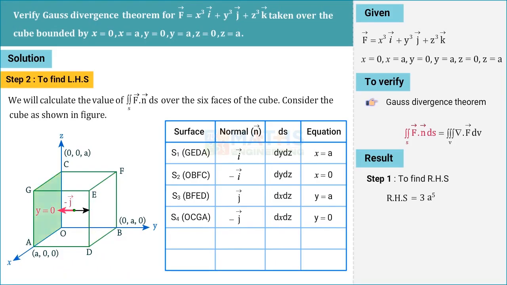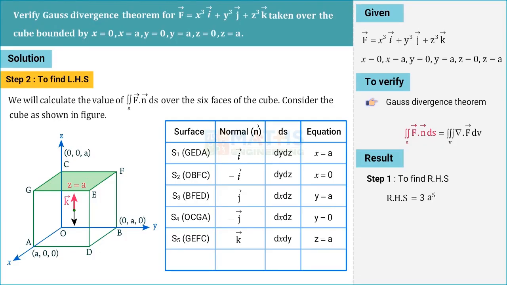On the surface OCGA, the normal is negative direction of y-axis. So we get minus j vector. As y is equal to 0, our dy value is equal to 0. We have x and z coordinates alone. So dS is equal to dx dz. On the surface GEFC, the n vector is positive direction of z-axis. So we have k vector. Here z is equal to a.